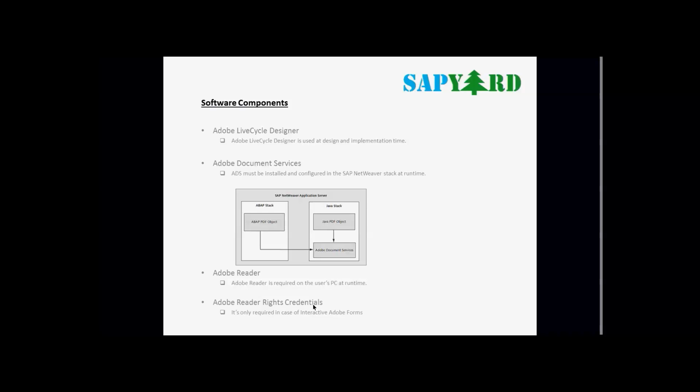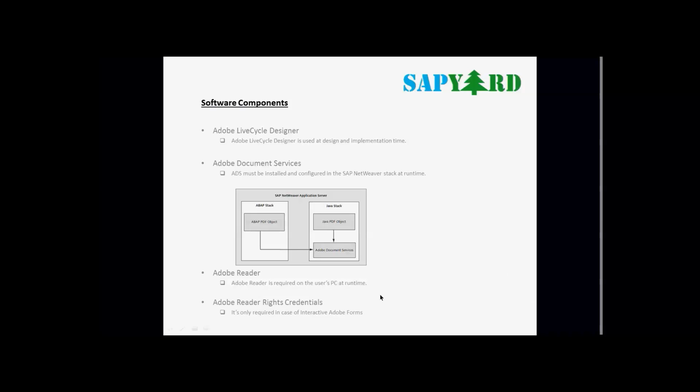In our later sessions, when we talk about the driver program parameters, I will also show you some identifiers which need to be set when we want to make interactive forms available.